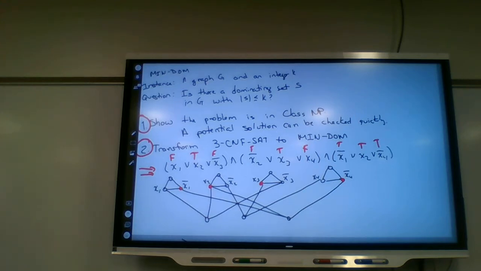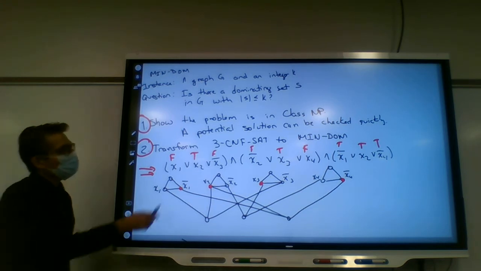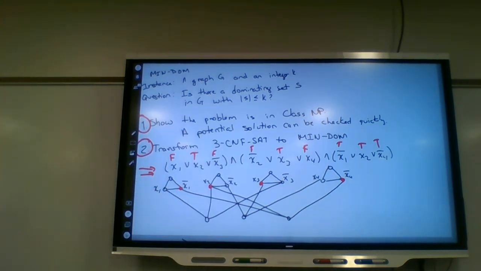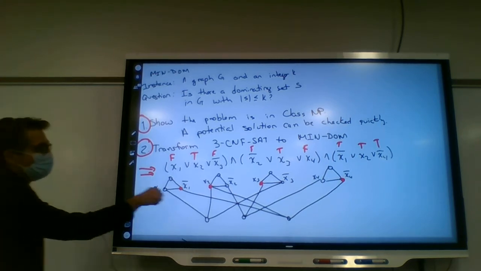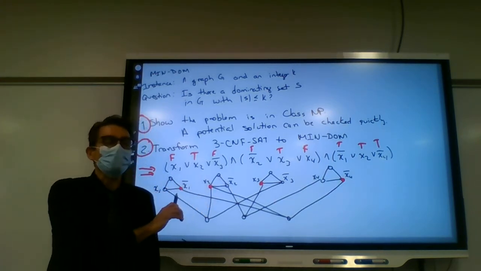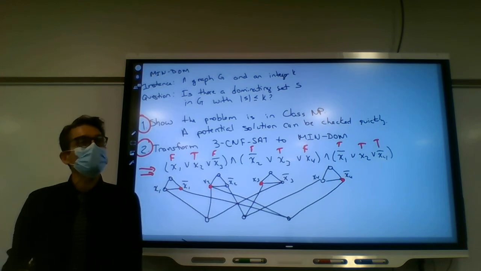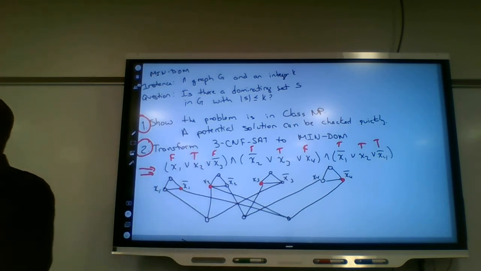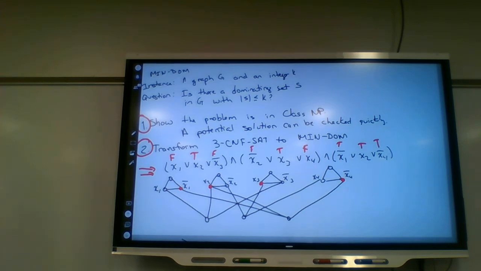And then that way, that answer can be converted back into an answer for the original problem. It turns out that in other scenarios, maybe there are lots of things that we transform 3-CNF SAT to, that sometimes the process is much more complicated. This particular problem of domination turns out to be one of the easier kinds of transformations to see visually.